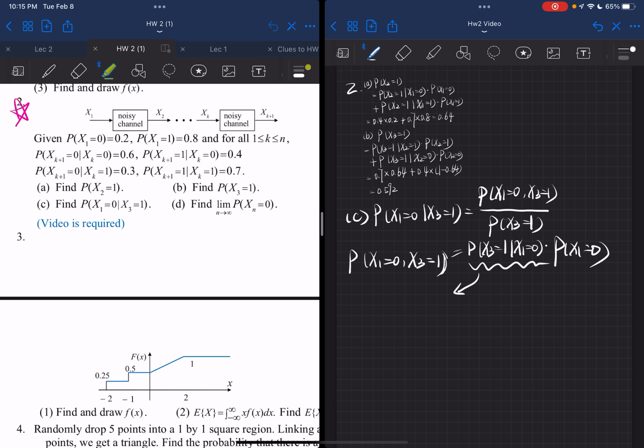This part can be expanded: the probability of x3 equals 1 under the condition that x2 equals 1, times the probability that x2 equals 1 under the condition that x1 equals 0. We have the constraint that x1 must equal 0.